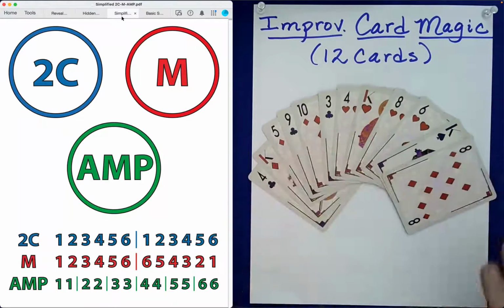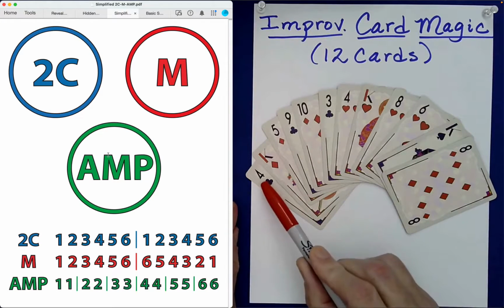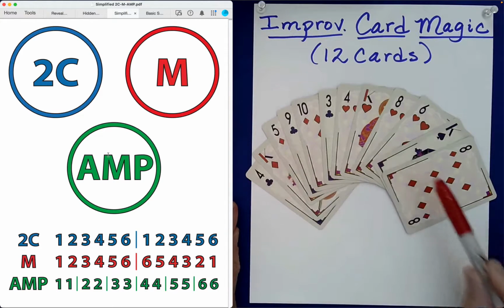Okay, now for the video today, we are going to focus on starting packets that are AMP packets. So down at the very bottom there, we're focused on AMP structures. Well, what's an AMP structure? Well, as you can tell, what you're doing, this is the top card of the packet all the way to the bottom.